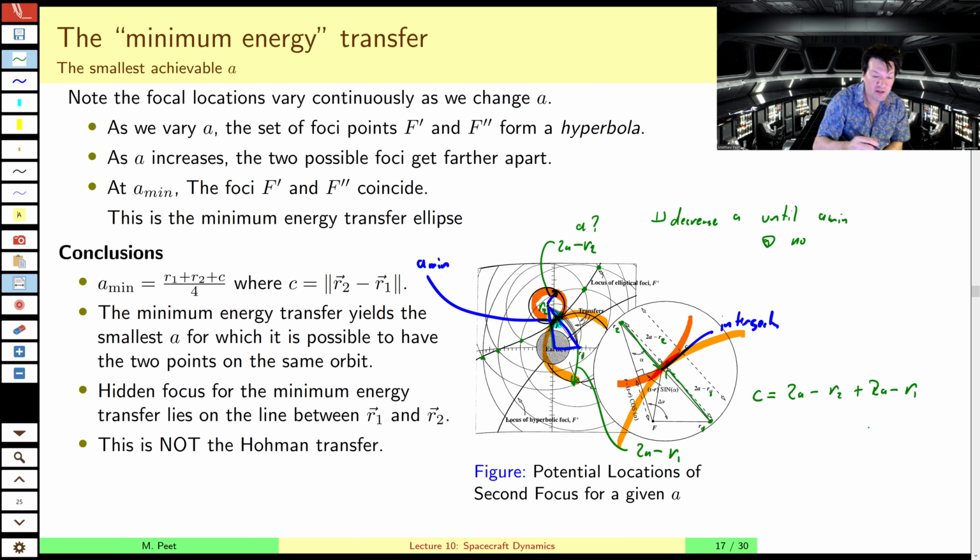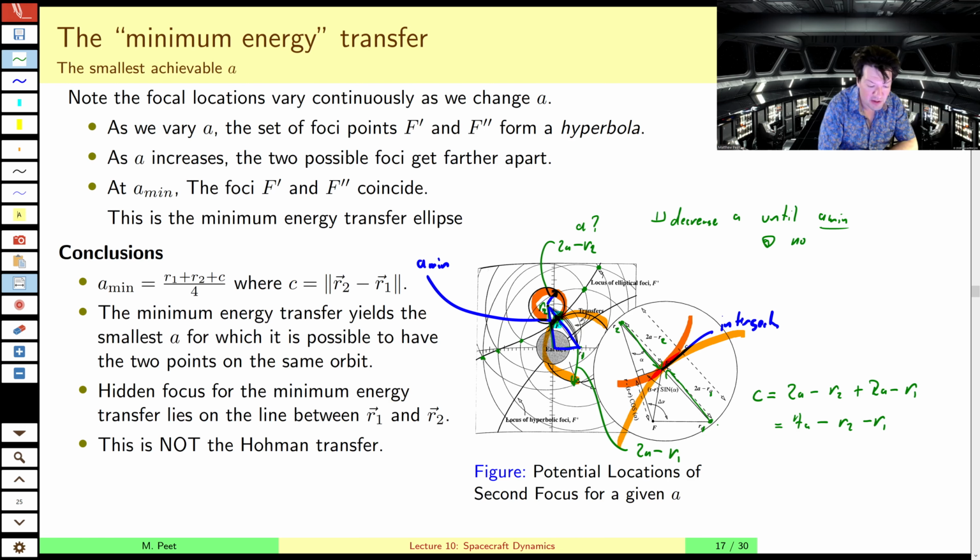Right. So for that minimum a, the chord length is equal to 4a minus R2 minus R1. And of course, the geometry of the problem is fixed. We know where R1 and R2 are.